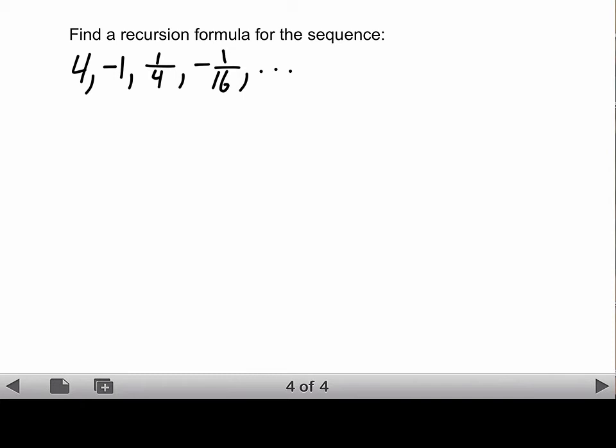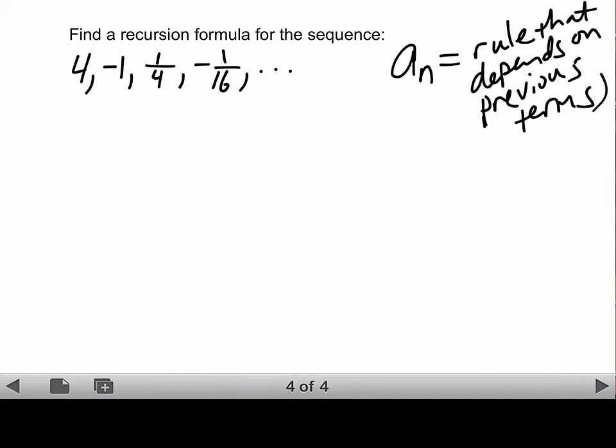So what I need is a sub n is equal to, and we need to figure out a rule that depends on previous terms, and we can't neglect to write down that a sub 1 is equal to 4, right? That's the first term of the sequence.